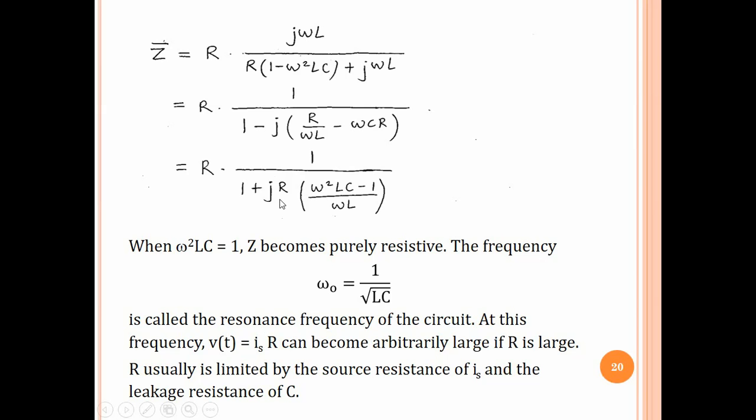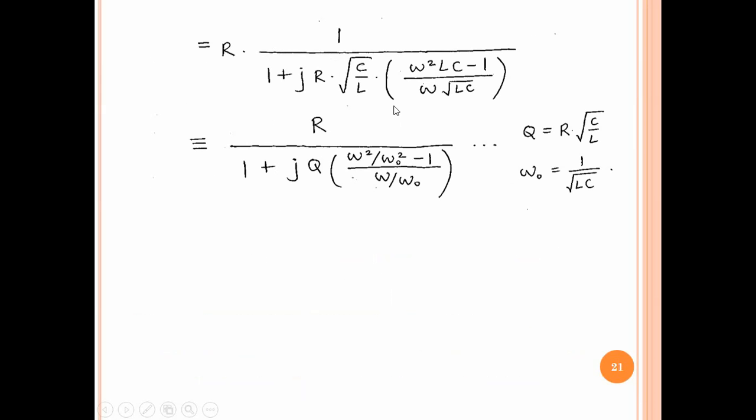Alright, let's look at the frequency response. For that we'll write two more forms so that the same thing can be written in this peculiar form: R square root C by L into omega square LC minus 1 divided by omega square root LC, which can further be written as the following, where omega naught is 1 by square root of LC, and this R square root C by L is called the Q, the quality factor of this resonance circuit.